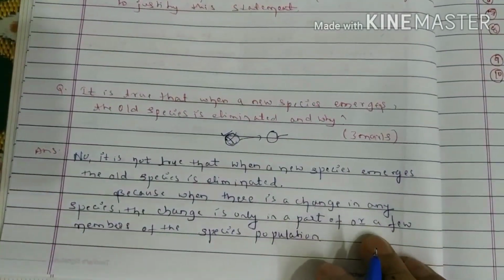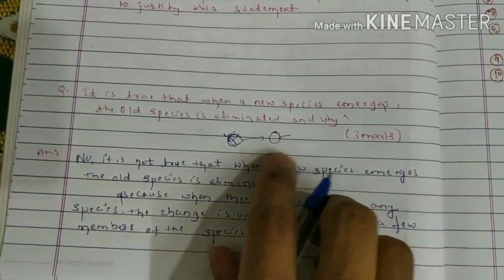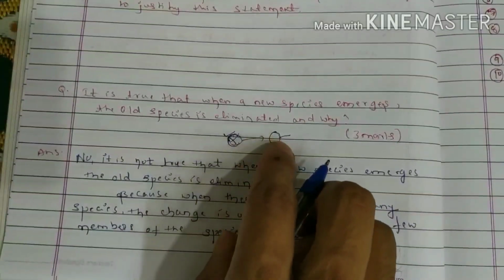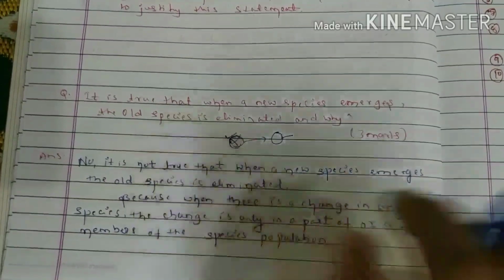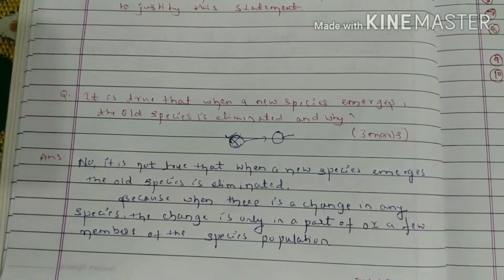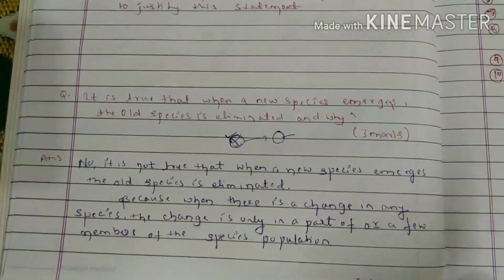If parents produce offspring, are the parents eliminated, yes or no? The answer is no, they are not eliminated.